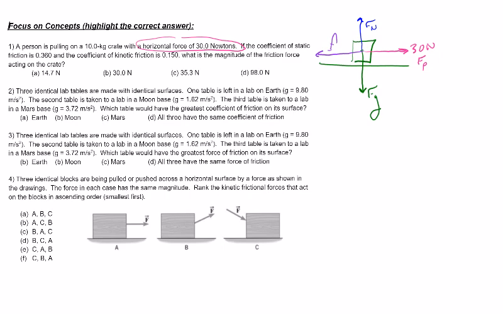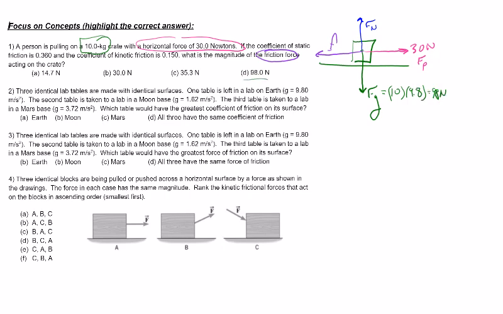Now, the hard question on this one is they want the magnitude of the friction force. Well, the problem is I don't know what this friction force is going to be until I determine whether the object is going to move or not. So what I'm going to do is borrow this 10 kilograms and figure out how much this object weighs. So it'd be 10 times 9.8, or in other words, 98 newtons.